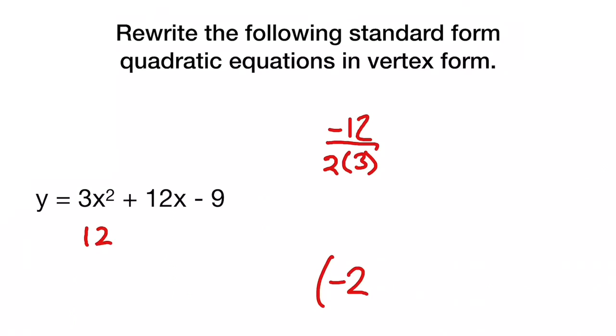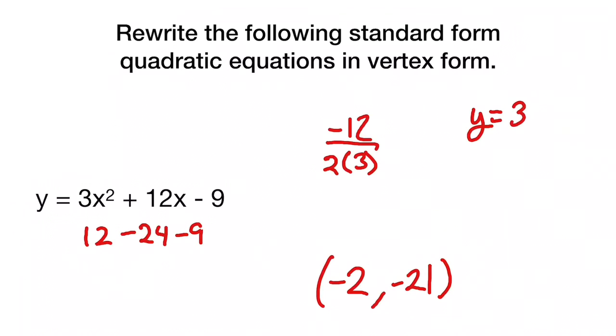Plus, in this case, negative 2 times 12 is minus 24, minus 9. So 12 minus 24 is negative 12. Minus 9 is negative 21. At which point, y equals 3 times x plus 2 squared minus 21.